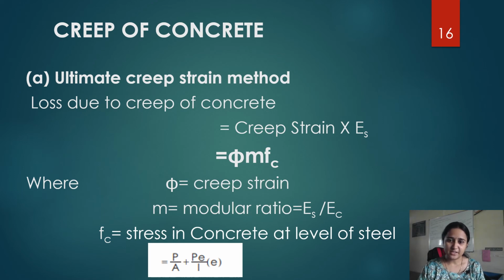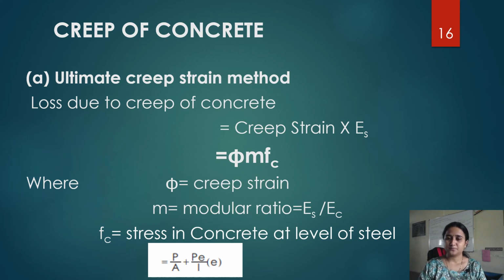Okay, phi is creep strain and M is the modular ratio ES upon EC, the Young's modulus of elasticity of steel divided by the modulus of elasticity of concrete, and FC is the stress in concrete at the level of steel. So that can be calculated as P by A plus P E by I into E, eccentricity.